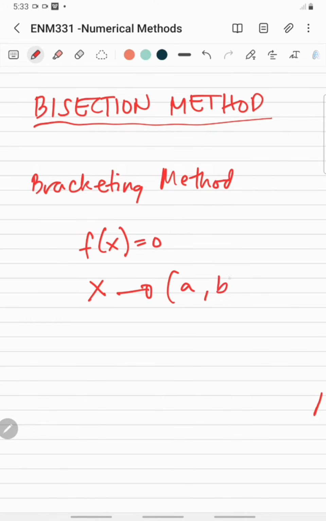interval a and b. This is simply bringing the two endpoints a and b closer and closer together until we obtain a smaller width of the interval of a and b that brackets a zero root, which is r.